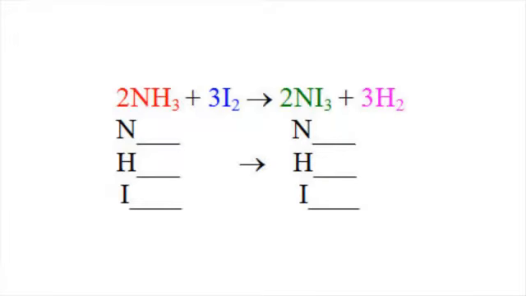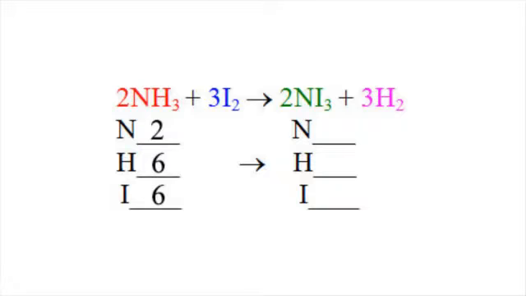Anytime I need to balance an equation, I just make a table, like this one. First, write the symbols for all the elements present on the reactant side and the product side. Then count them up. The 2 in front of the NH3 tells us that there are 2 nitrogen atoms and not 3 but 6 hydrogen atoms on the reactant side. Having a 2 in front of it is like multiplying every atom behind it by 2. 3 times 2 is 6.